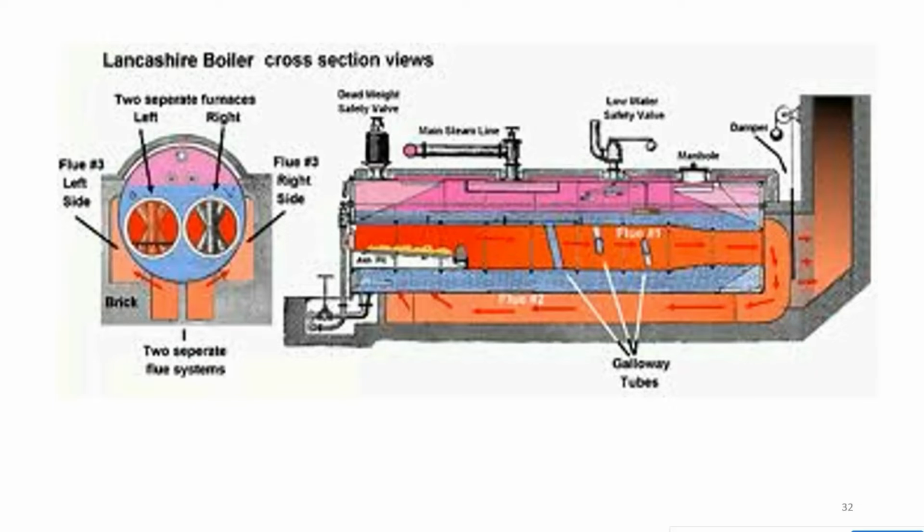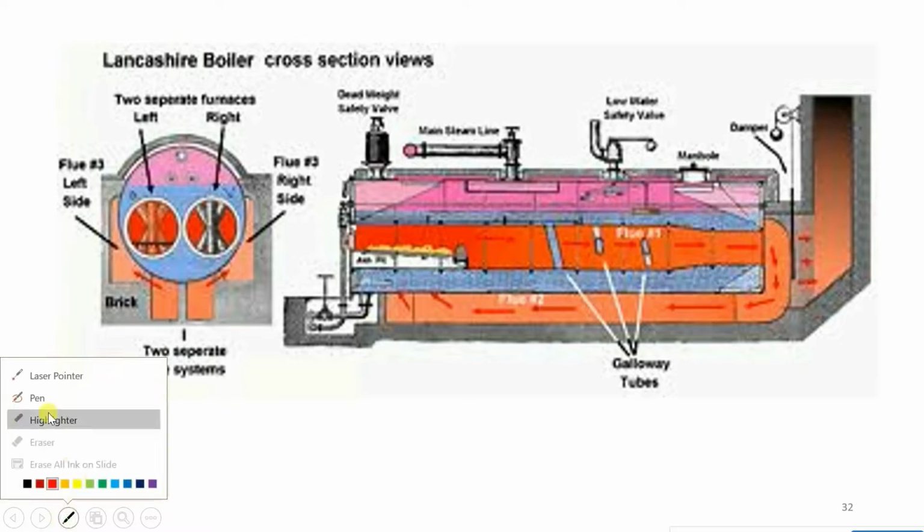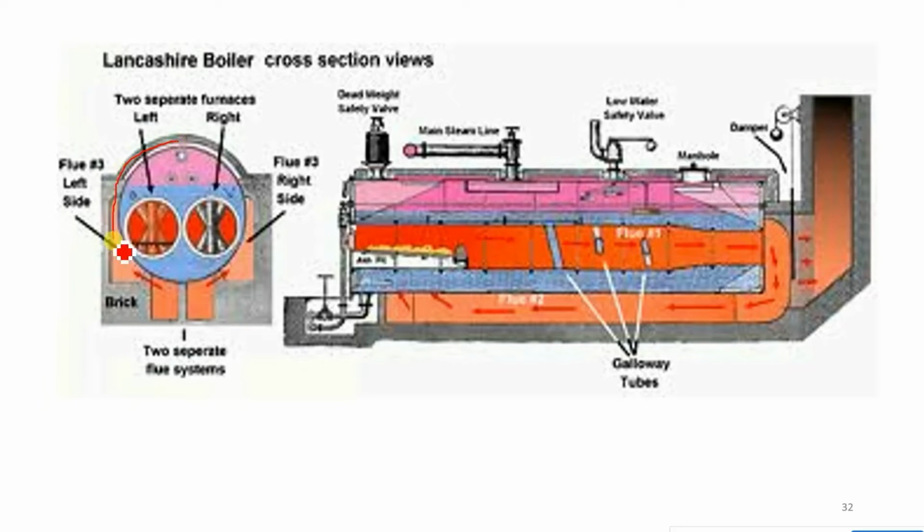In this image you can also see this is a cylindrical outer shell which stores the water and steam. This is the first fire tube. This is second fire tube. Here is the grate. This is a fire tube where combustion is taking place.